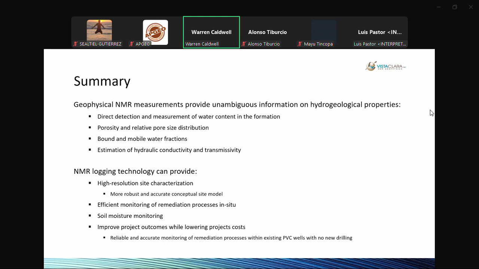That's unlikely. A more likely effect is simply electromagnetic interference. But the other effect that you need to consider is that because there are permanent magnets in the probe, those can adversely affect the piezometer sensors. So it's best not to log with NMR in any instrumented wells.